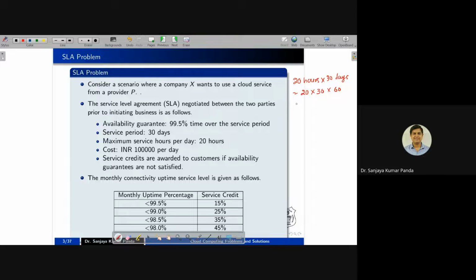So what is the value here? Can anybody tell? I think it is 36,000. So if there is no downtime, we expect that we will get 36,000 minutes of service, right?